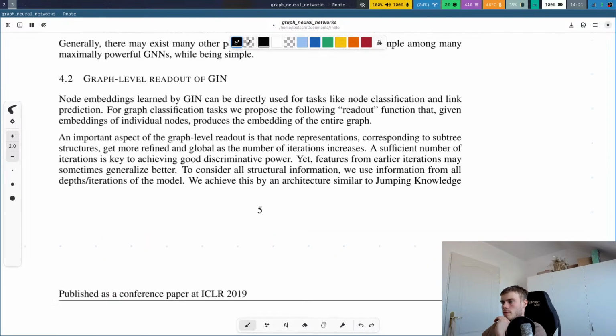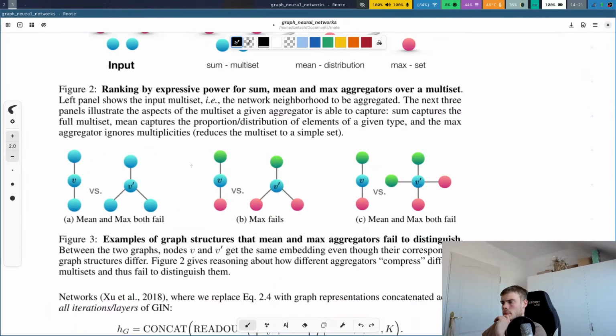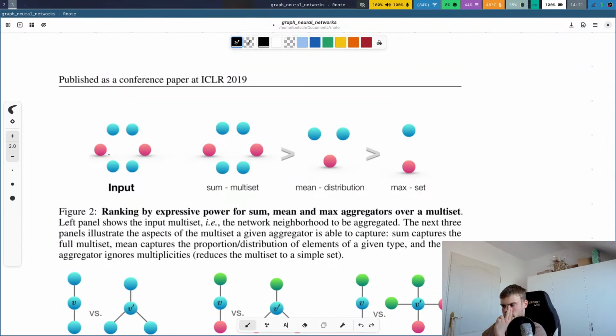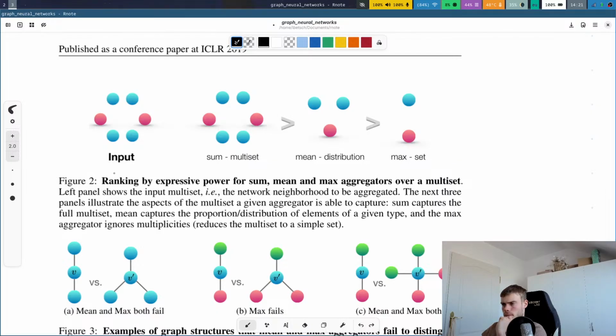What does that readout? Okay. Let's look at the figures here. Figure 2: input, sum, multiset, mean, distribution, max, set. Ranking by expressive power for sum, mean, and max aggregators over a multiset.